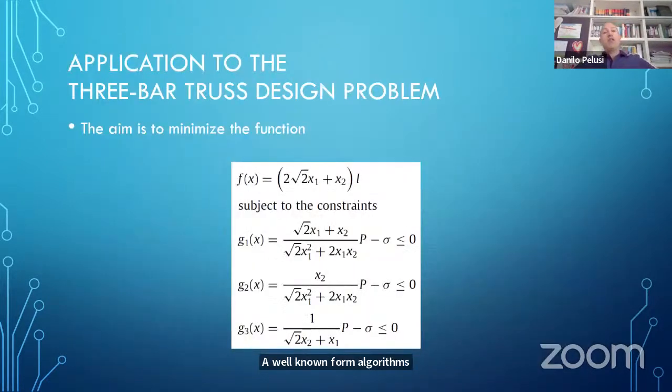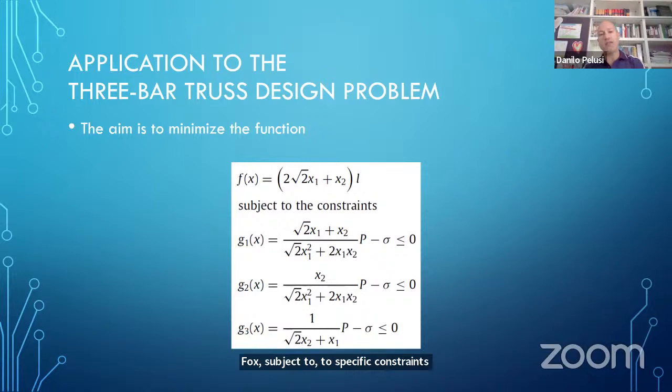But our mathematical approach is useful to solve engineering problems as well. For example, we have applied our hyperbolic algorithm to the three-bar truss design problem, where the aim is to minimize the function f of x subject to specific constraints.